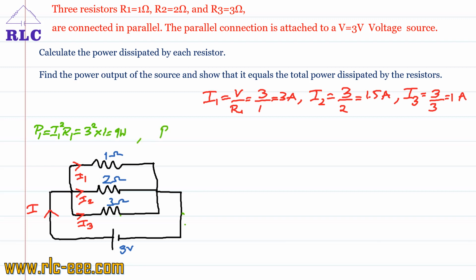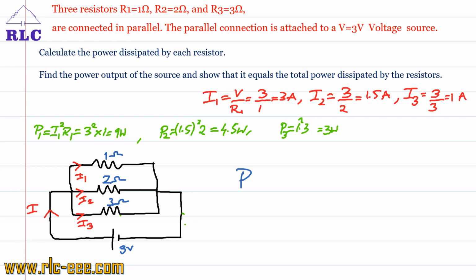Similarly, you find it for P2. I2 value is 1.5 square into R2, that is 2. How much will you get? 4.5 watts. Then P3, how much? 1 square into 3, you will get 3 watts.